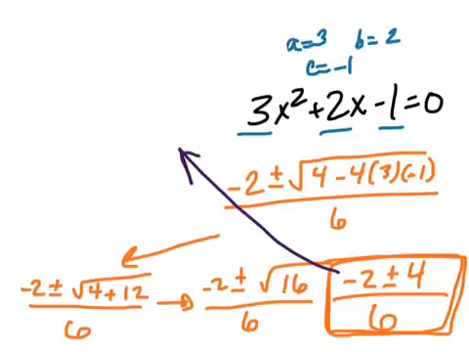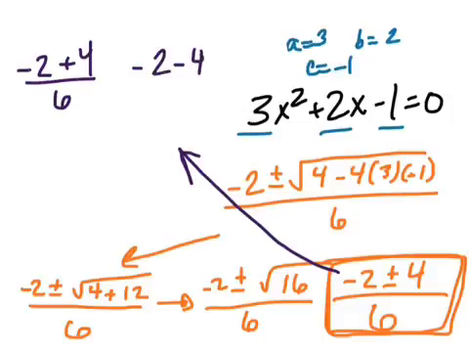A lot of these steps you could possibly do in your head, maybe go straight from here to here. I just wanted to show every step for some of you that might still be a little confused on the quadratic formula. So we're going to do negative 2 plus 4 over 6, and also negative 2 minus 4 over 6. We're going to simplify both of these, and this is going to give us the two different solutions.